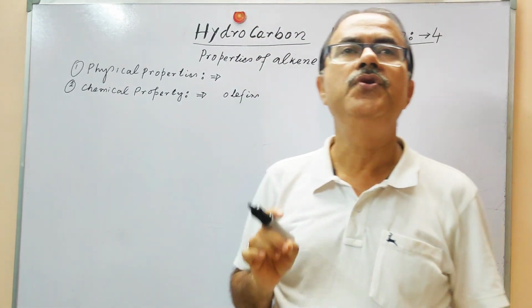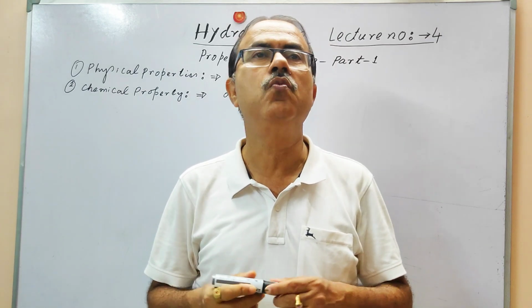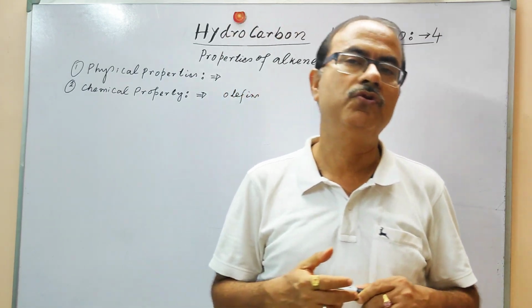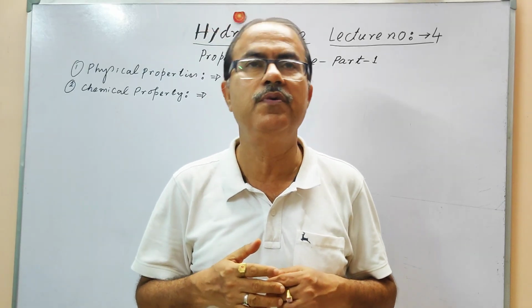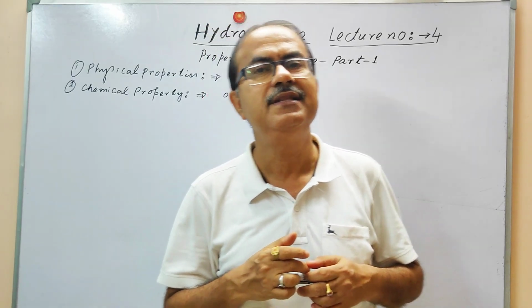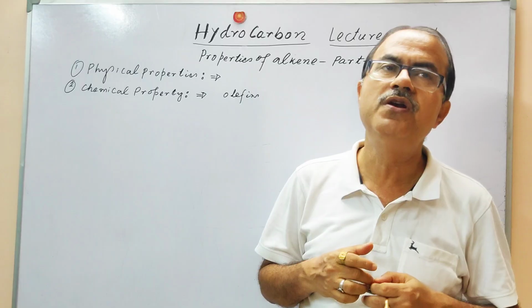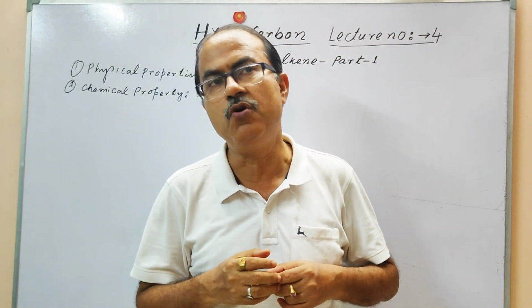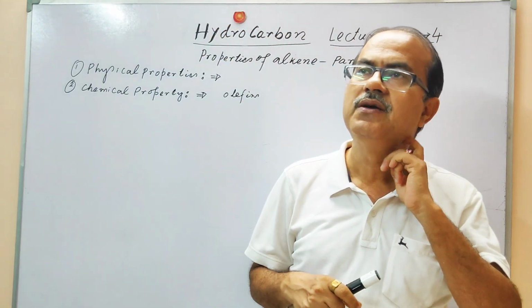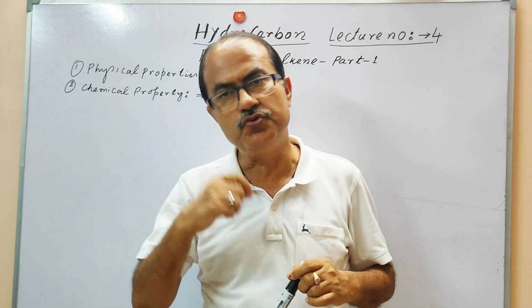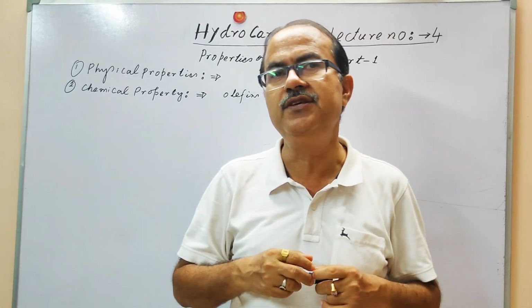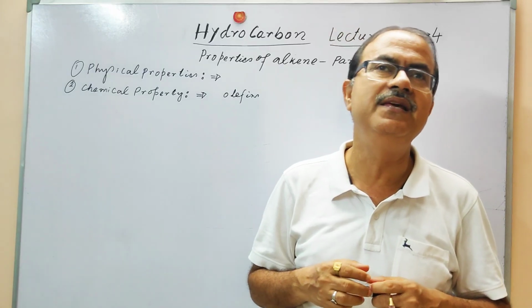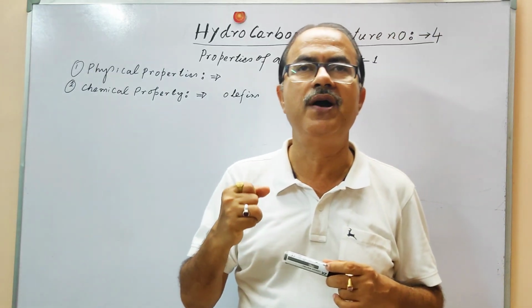The alkene, we know, has at least one double bond, and the double bond has one sigma bond and one pi bond. The electrons constituting the pi bond are loosely held, and these loose electrons can be easily attracted by any electrophile.